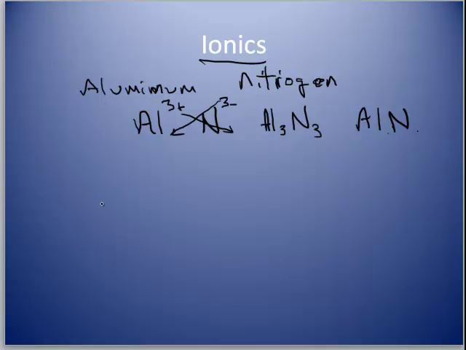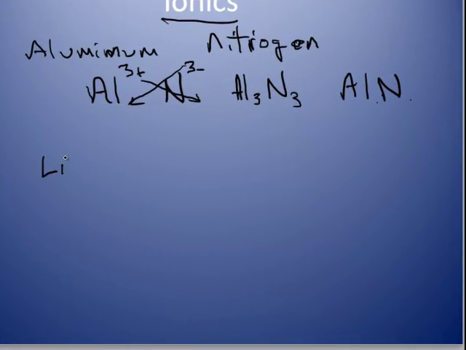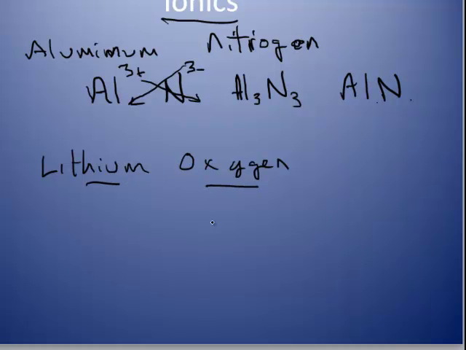Let's take a look at one more. Let's take a look at lithium and oxygen. Again, metal and a nonmetal. Write the symbols. Lithium, O for oxygen. Charge on lithium is 1 plus. Charge on oxygen is 2 minus. That number goes there.